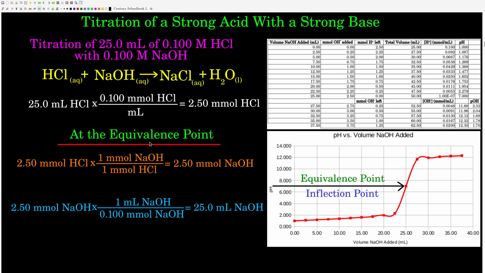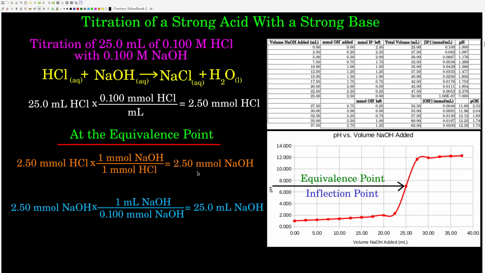So at the equivalence point, we have 2.50 millimoles of hydrochloric, and it takes 1 millimole sodium hydroxide per 1 millimole of hydrochloric. This is where the 2 would come in if there was sulfuric acid, this would be a 2 here and a 2 there.